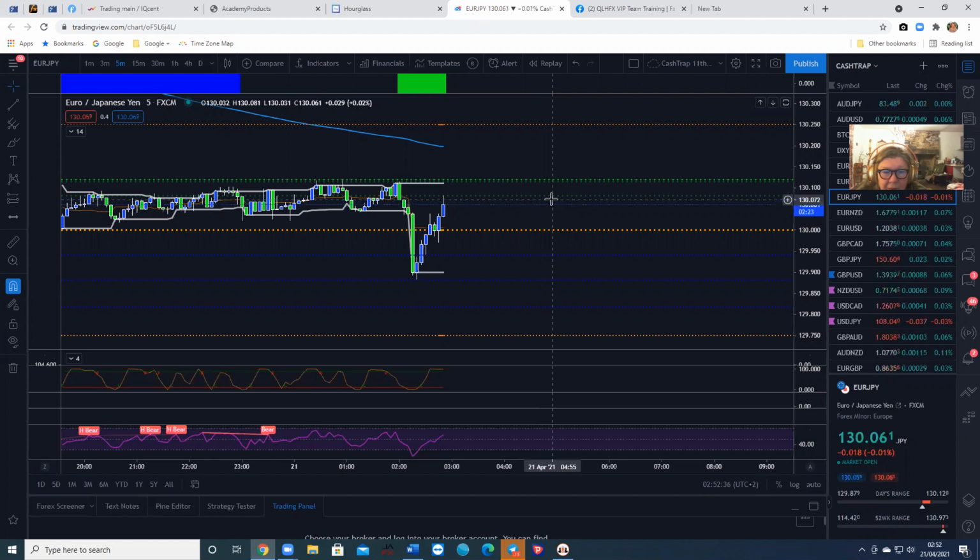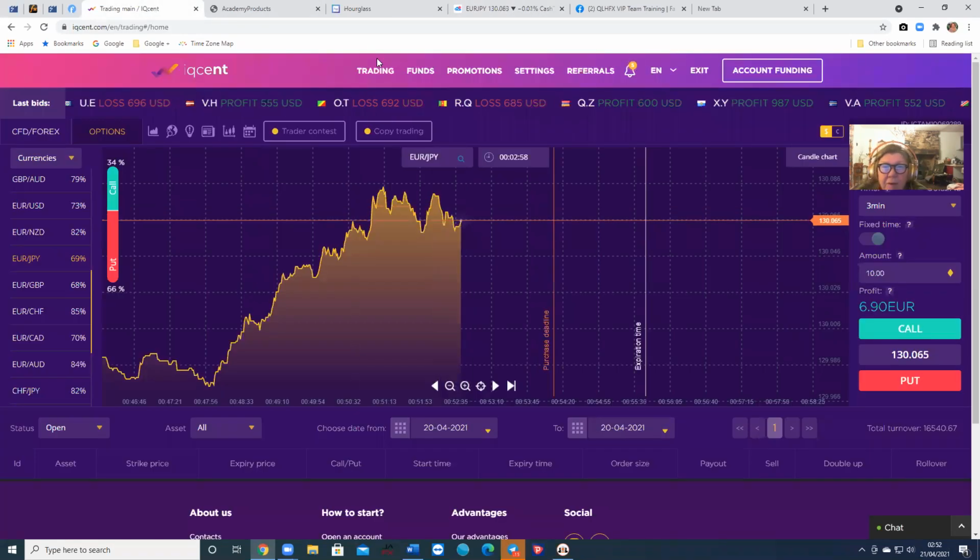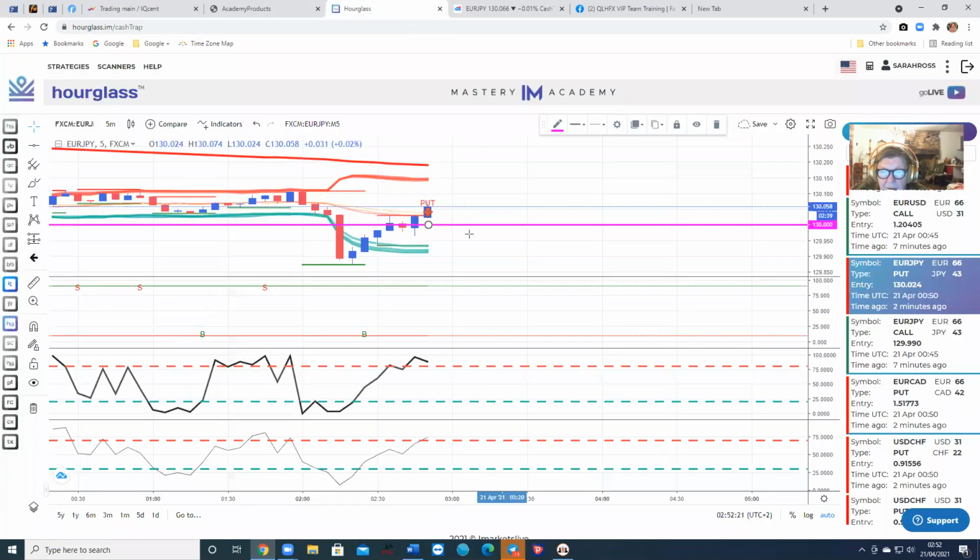So I'm just looking at this level here, 077, 065. 2 minutes left to go. So I think it wants to test this area again.